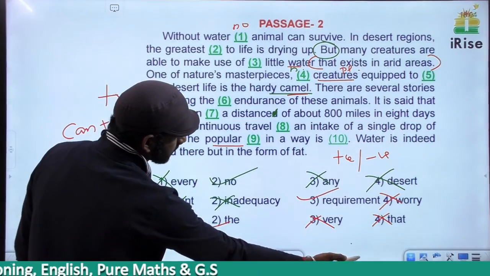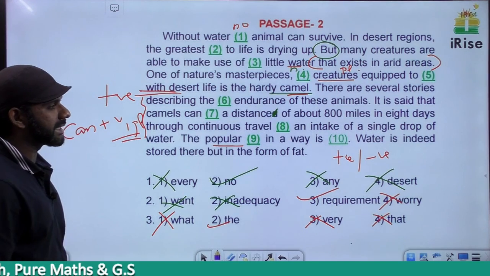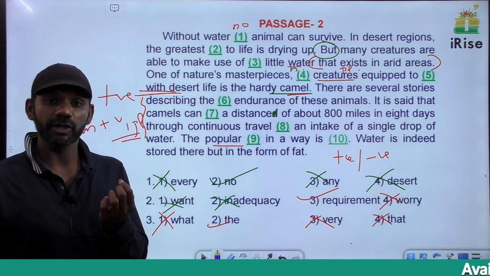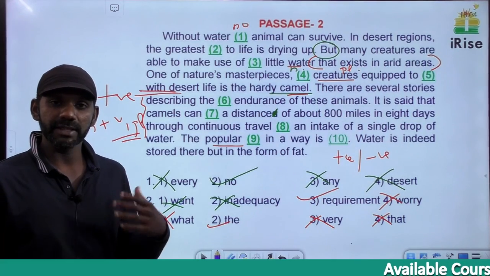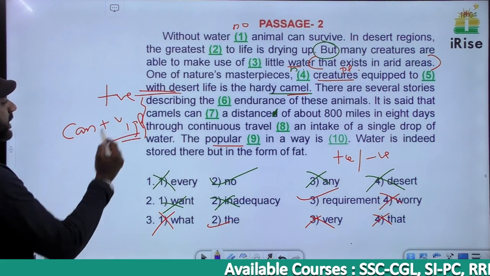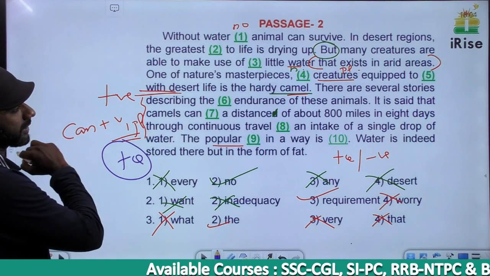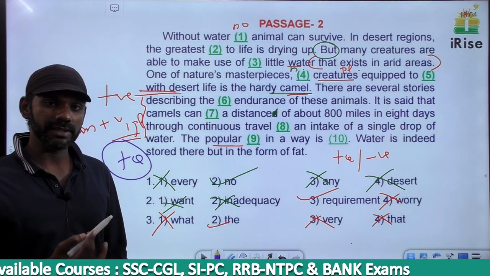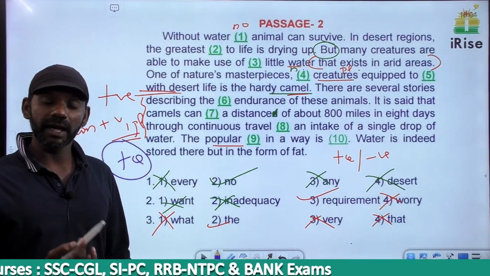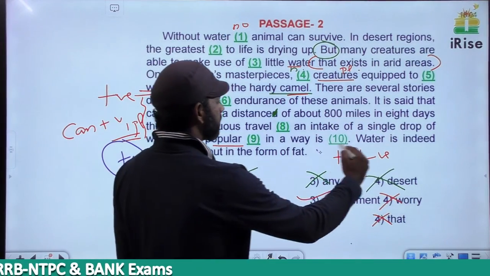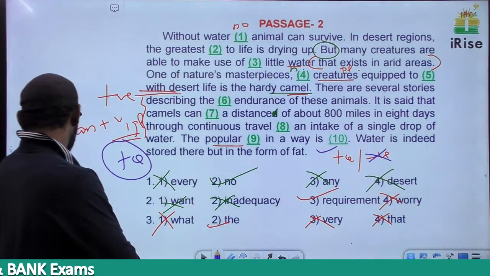The camel travels 800 miles in 8 days through continuous travel without taking even a single drop of water. So, the belief is regarding the camel. And what is talked about the camel in this context is positive, right? So the belief regarding the camel must also be positive. So blank 10 must be filled with a positive word.